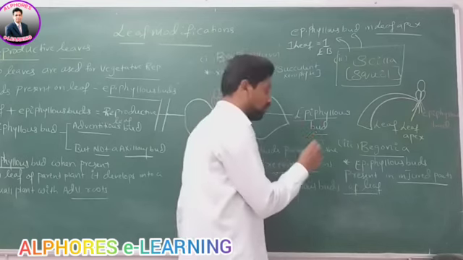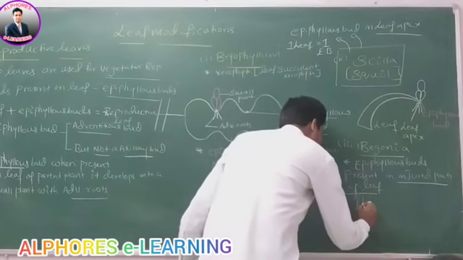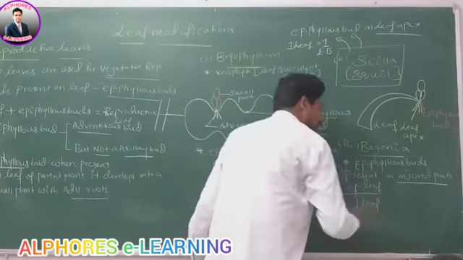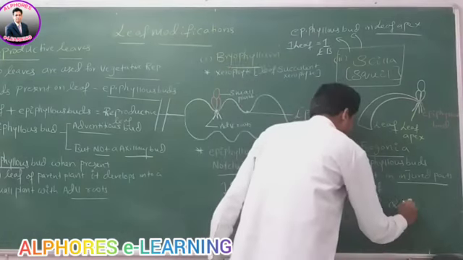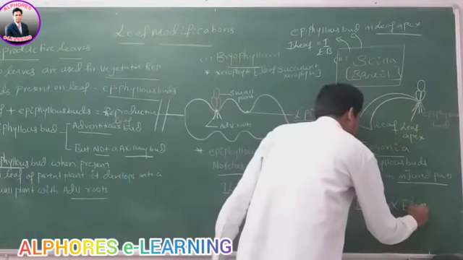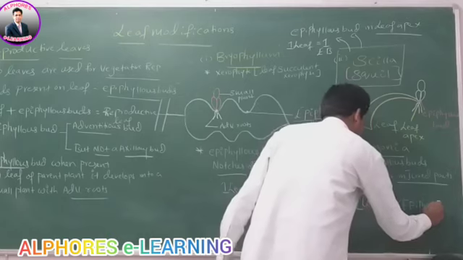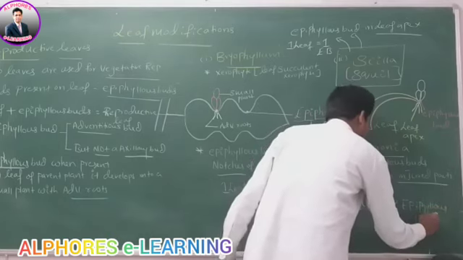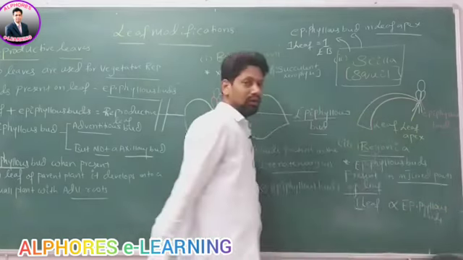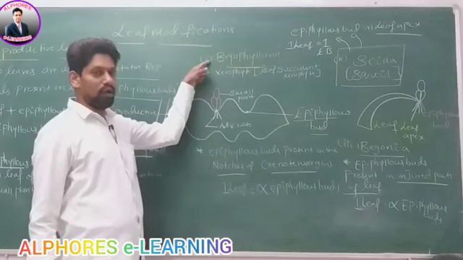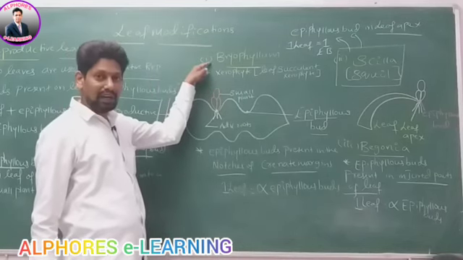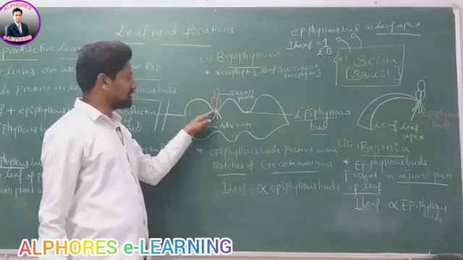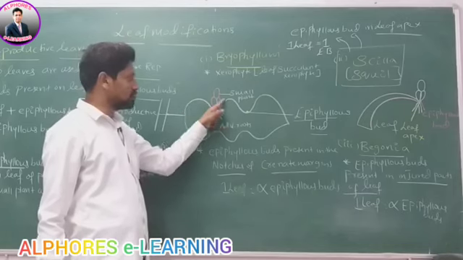In case of begonia, one leaf contains how many epiphyllous buds, sir? One leaf contains many epiphyllous buds. Is this statement okay? Therefore, in case of bryophyllum, epiphyllous buds are present in the notches of crenate margin.